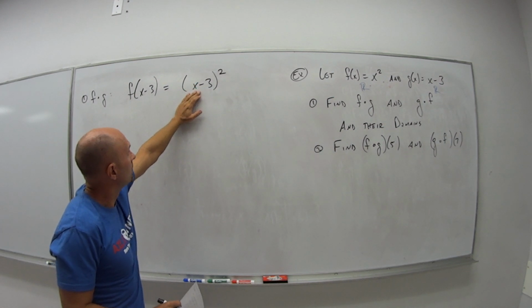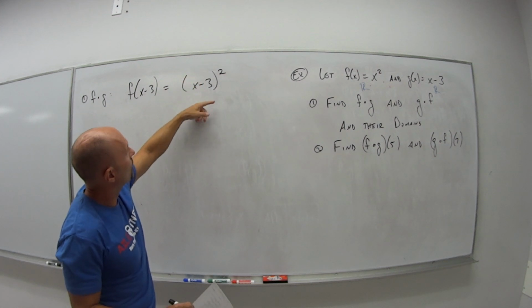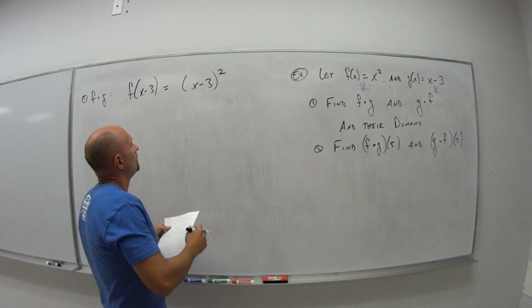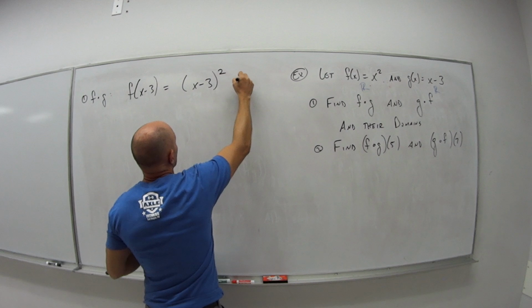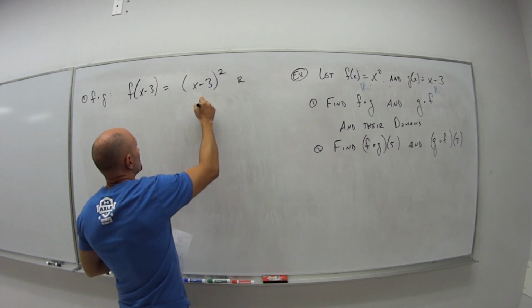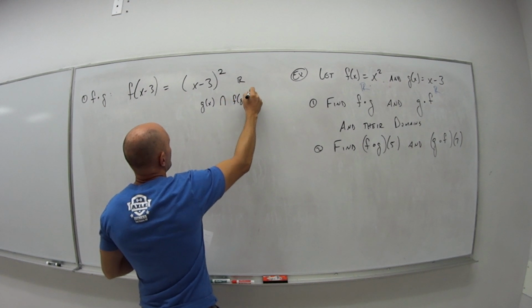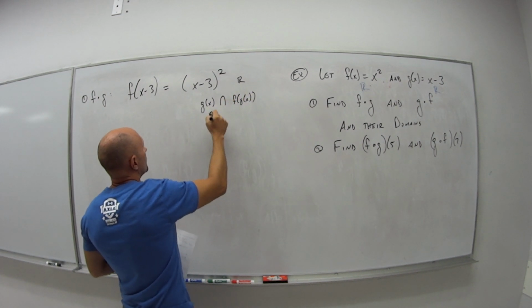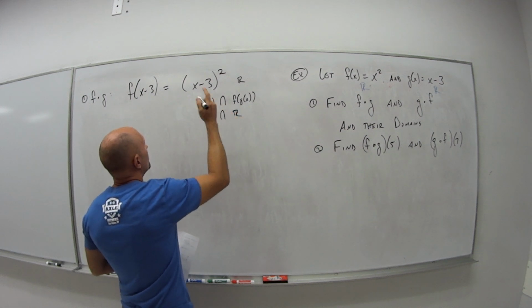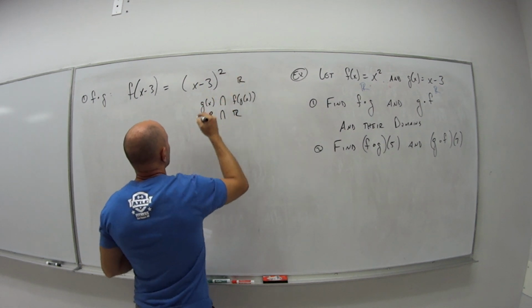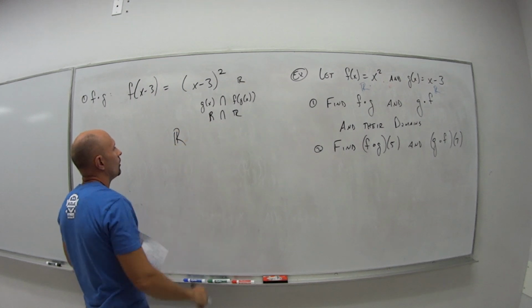What's its domain? Same thing. Because I don't have a radical or a denominator, this domain is also all real numbers. So the intersection of the domains of g of x with f of g of x is the real numbers intersected with the real numbers. So the domain for this would just be all real numbers.